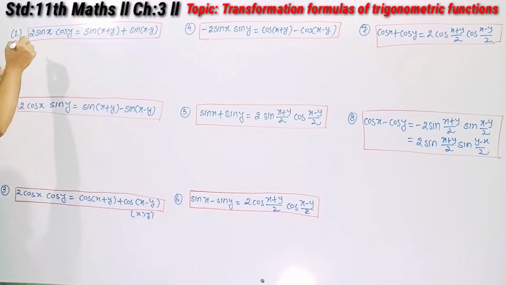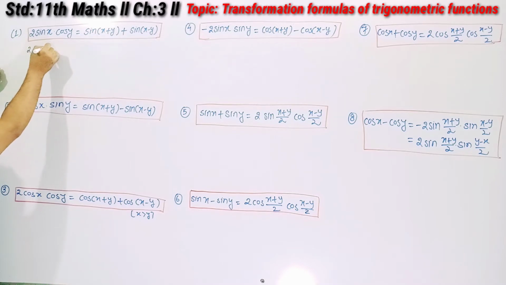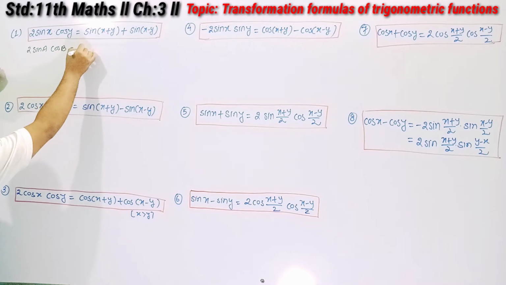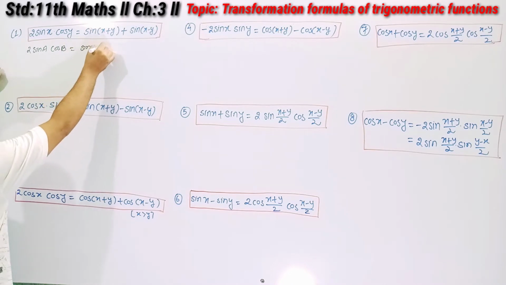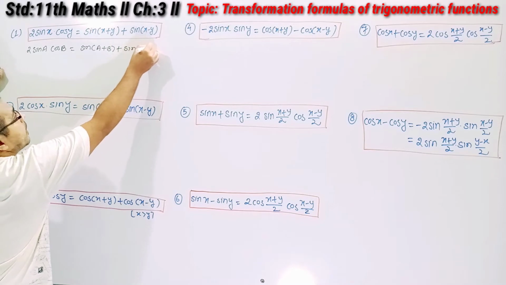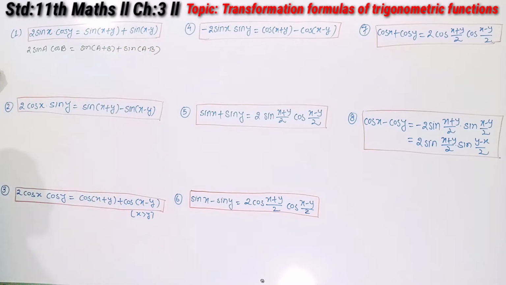Consider, in place of x and y, we are writing a and b. So 2 sin a cos b will be sin(a plus b) plus sin(a minus b). Right, students? Consider in place of x and y, c and d.